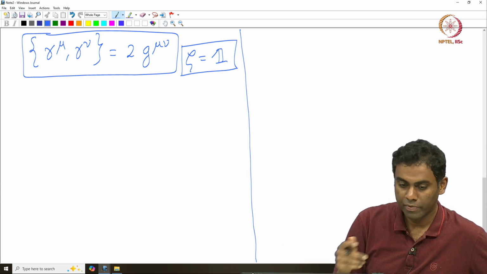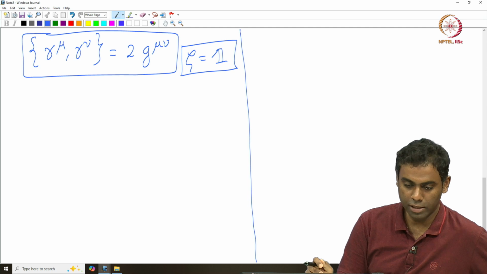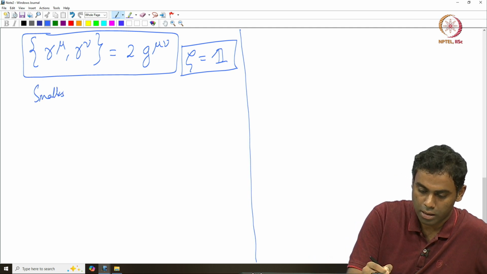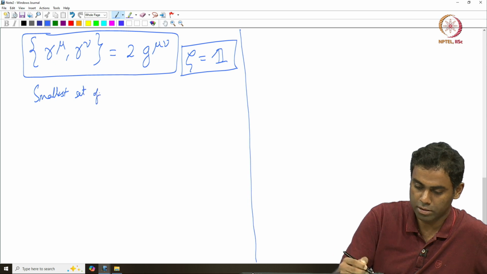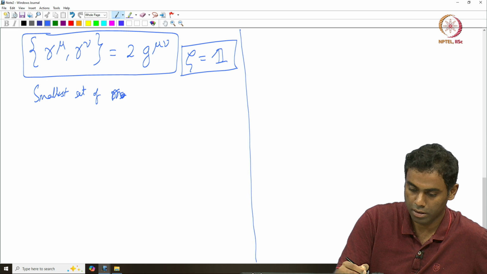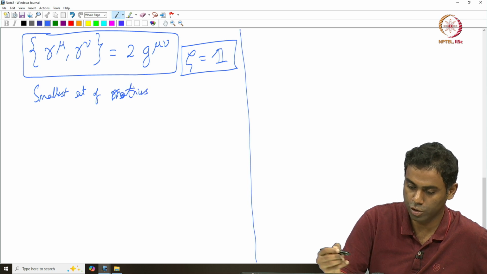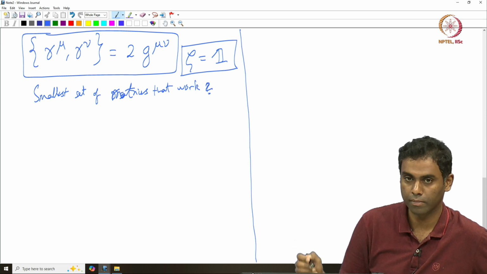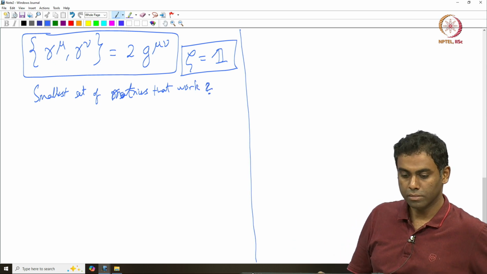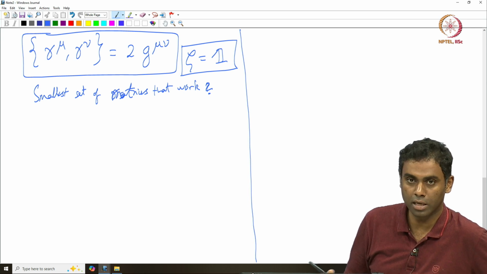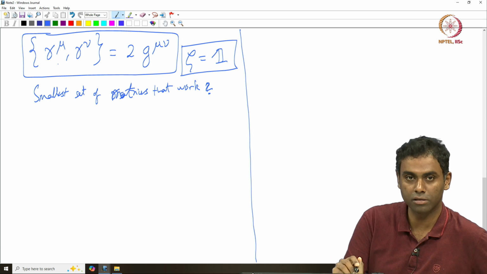So this again you can easily work out what is the smallest set of matrices, set of gammas, that would work for this condition. Could it be a 2 by 2 matrix or a 3 by 3 matrix? No, not really. You can work this out. Take just 2 by 2 matrices and see if you can construct, take the Pauli matrices.